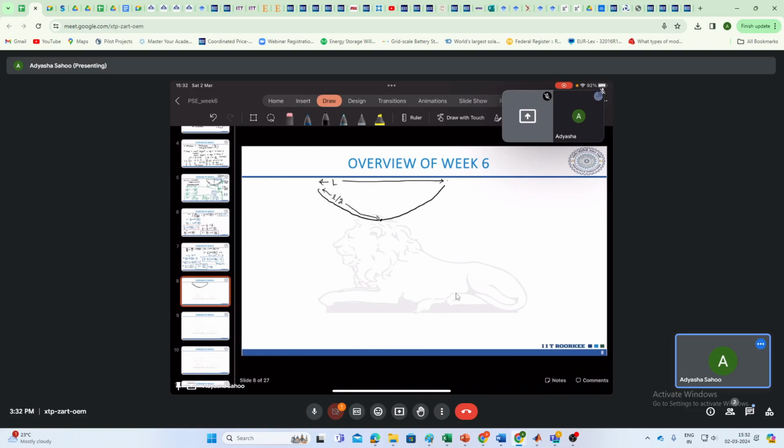So the tension force acting here is H, and at the midpoint we'll get V, that is W into L by 2, and let's say the tension acting here is T, which has Tx and Ty. So this is your D.